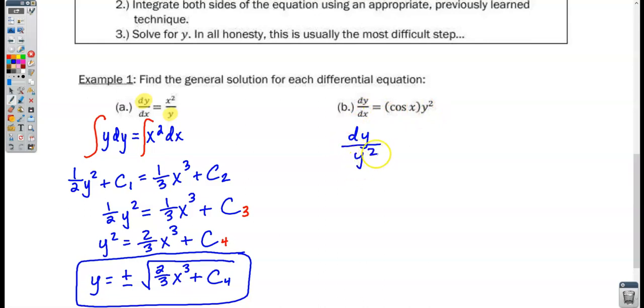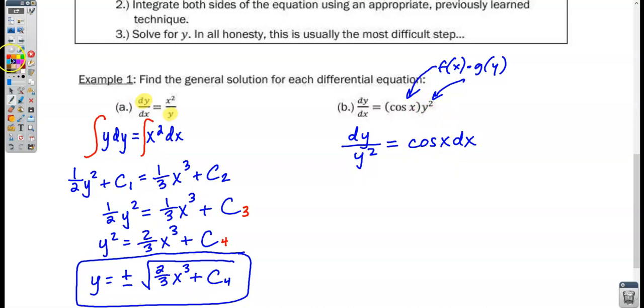And so I end up with dy over y squared is equal to cosine of x dx. And again, I could use separation because this is some f of x times some other function g of y. Since it's the product of a function of x and a function of y, I can separate.